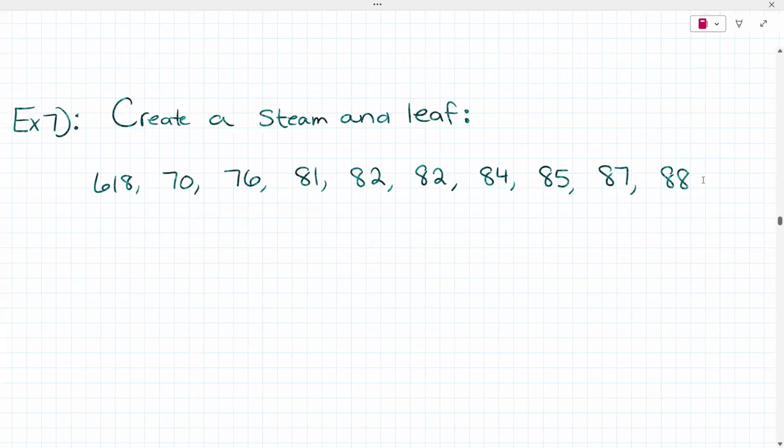So yeah, this is in order. This is not 618, this is 68. And so our numbers go from 60s to 80s. So I think we're going to go by tens. So this is how I would create it.